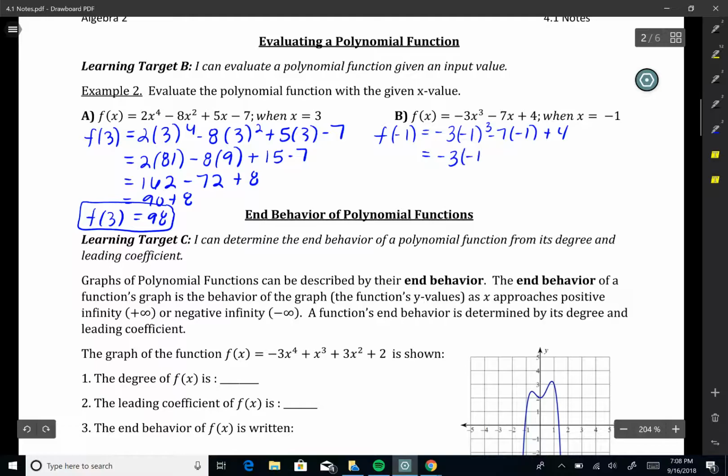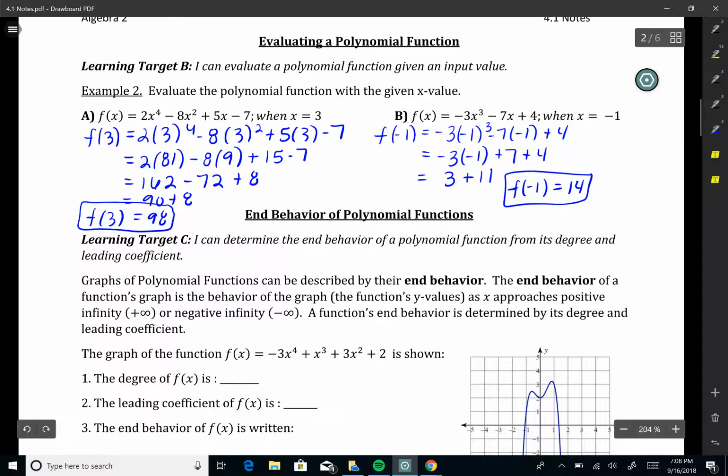Negative 1 cubed is still negative 1, and negative 7 times a negative 1 is a positive 7. Then I have plus 4. This would be 3 plus 7 plus 4 is 11, and so I get 14. So f of negative 1 equals 14.